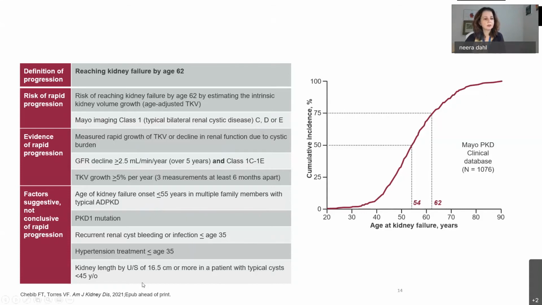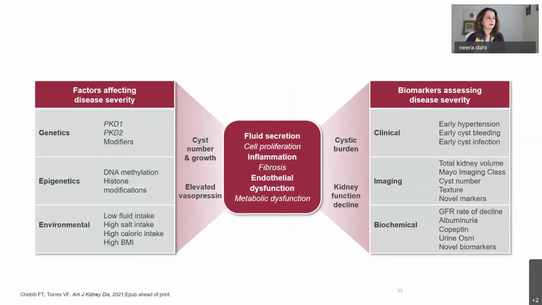And then this is often one that's very helpful to use from the CRISP data, saying that a young patient with a kidney ultrasound length greater than 16.5 is also at high risk of progression and loss of renal function. And this is just showing these risk factors.